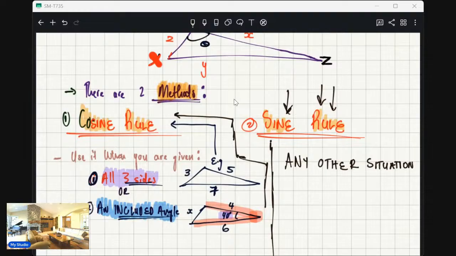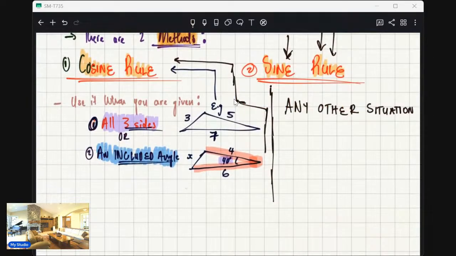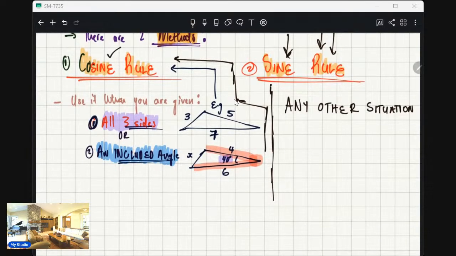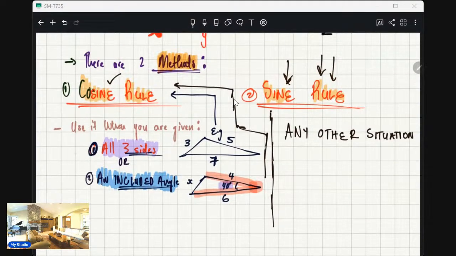The second thing is, check, do you have an included angle? Do you have it or you don't have it? If you have it, then again, you use the cosine rule. For you to use the sine rule, these two conditions must both be missing.